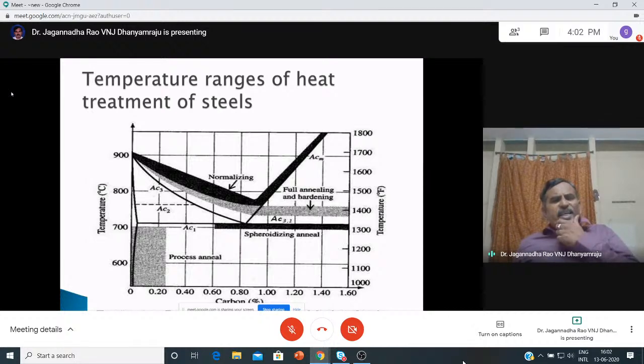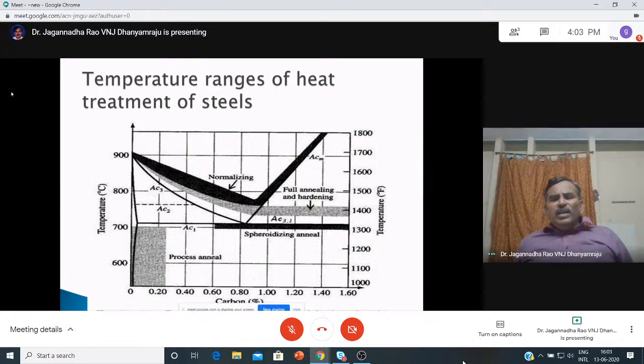AC3 is on the left hand side, and this is the upper critical temperature above which austenite is stable, right? And AC1 is the temperature at which the eutectoid reaction will take place.